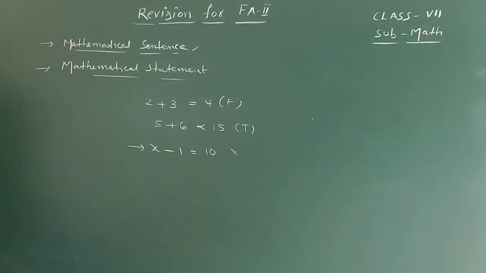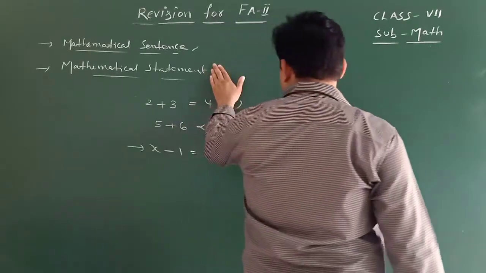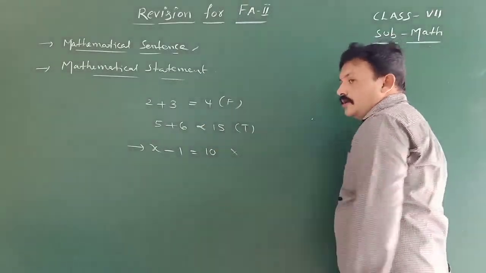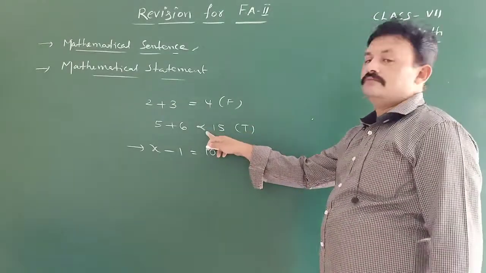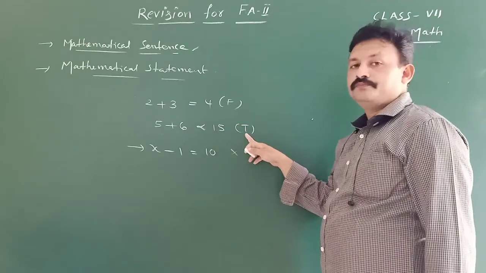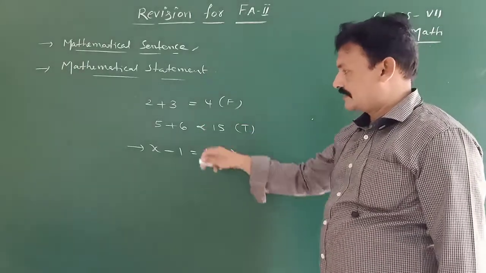Now I said the given mathematical sentence which can be judged either true or false is called a mathematical statement. Here in the given 3 examples, the first 2 can be judged. First one false, second one true. Well, the third one can't be judged either true or false.